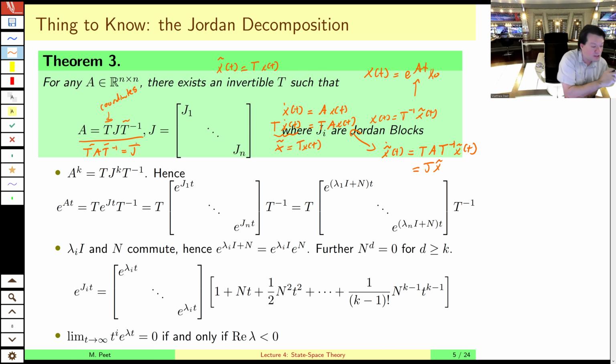This allows us to define a set of states where the dynamics become much simpler, and they become, in fact, almost scalar.